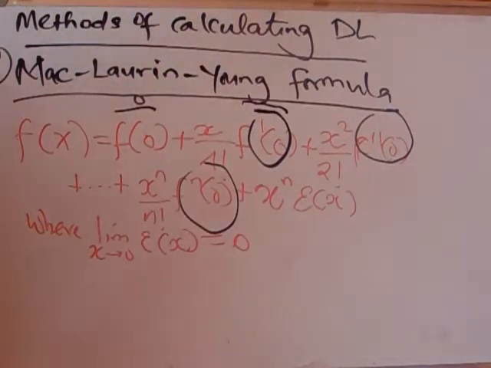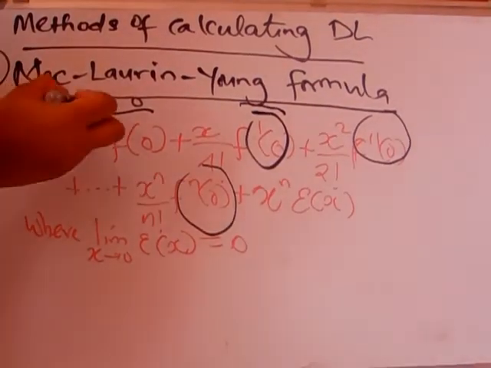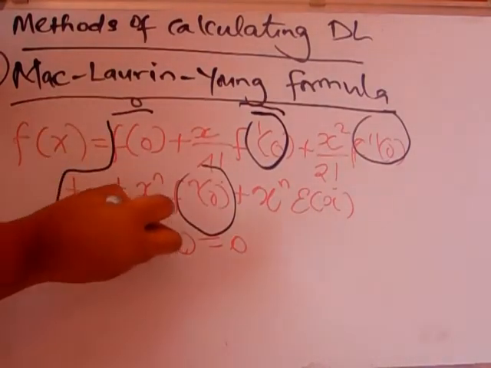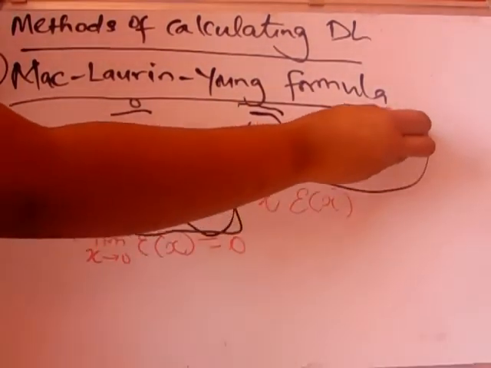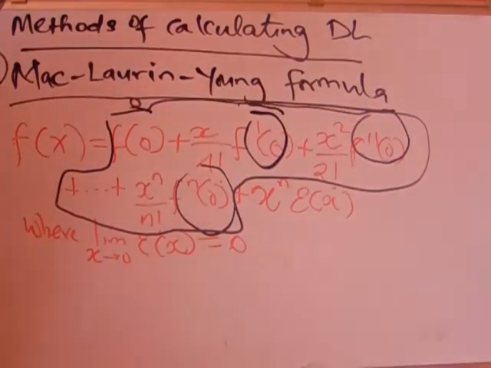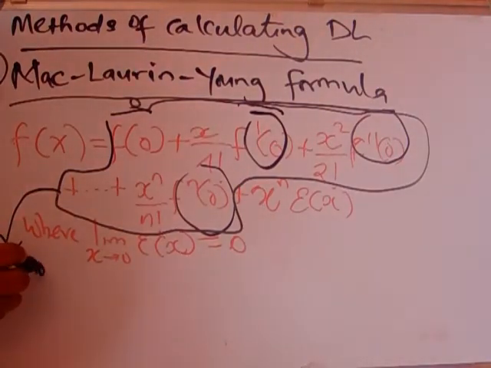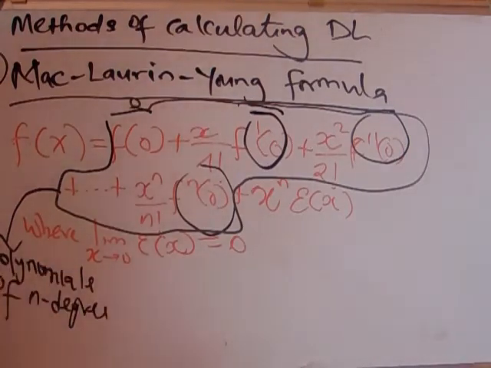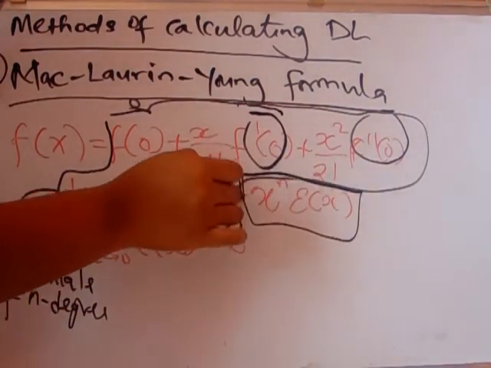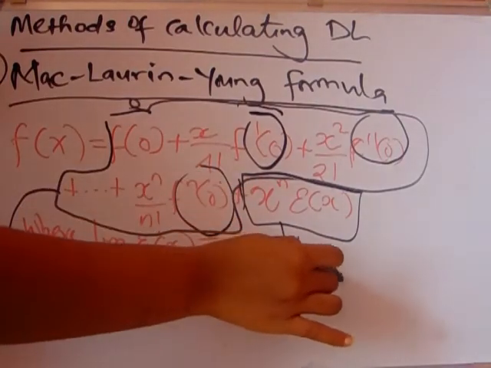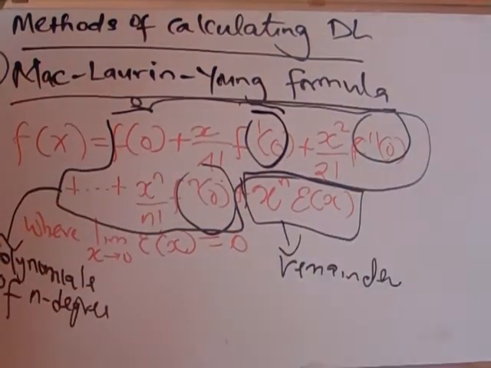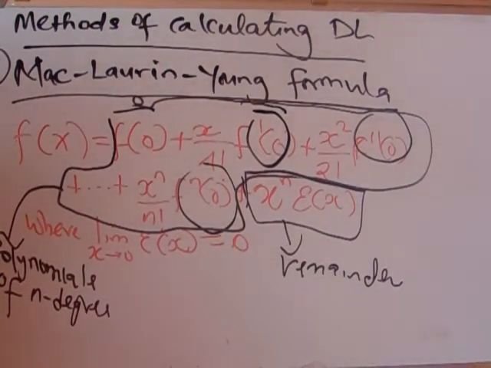It's divided into the polynomial of degree n and then a remainder which we call the reste de Young. All this is the polynomial, so we call this the polynomial of degree n. And then this remainder, we just call it the remainder, or in French the reste de Young.